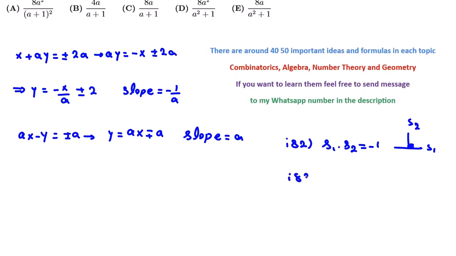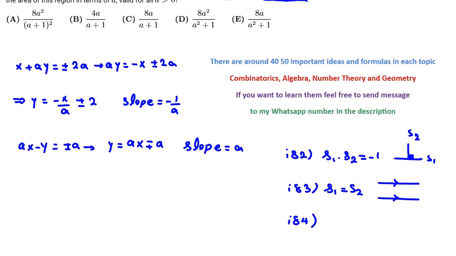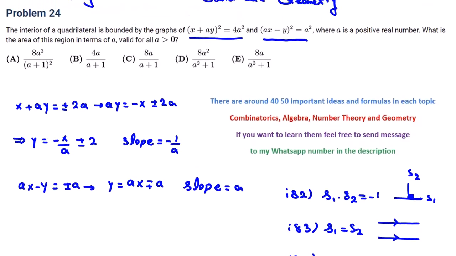For example, idea 83, which is obvious: if S1 equals S2, then they are parallel lines. And another one, idea 84. For this problem, because we want to calculate the area, we want to find the distance of two parallel lines.